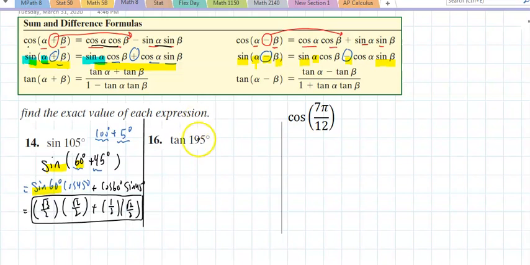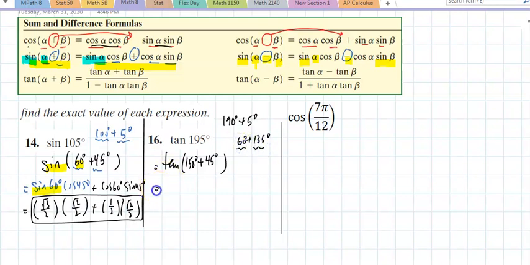So for 105, again, I have multiple options. 100 degrees plus 5 degrees doesn't do me any good. So I'm thinking of 45 plus what? 150. That will work. There are other options, you know. You could say, you know what, that's 135 degrees and 60 degrees. 60 I know, and 135 is the reference angle of 45.